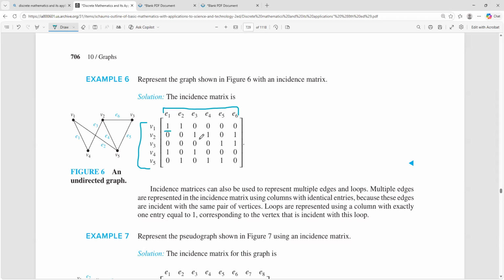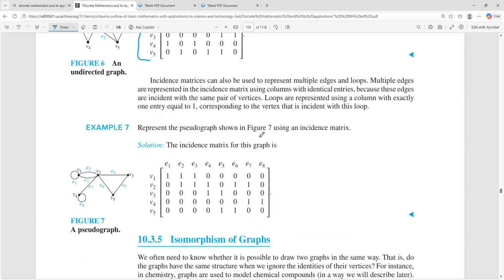From this we can represent the entire graph. One key thing to remember is that because each edge only has 2 nodes connected to it, no column can have more than 2 ones. Is everyone okay with that? I think that's one of the key things you should take away from it.